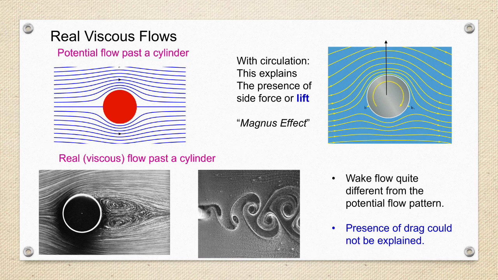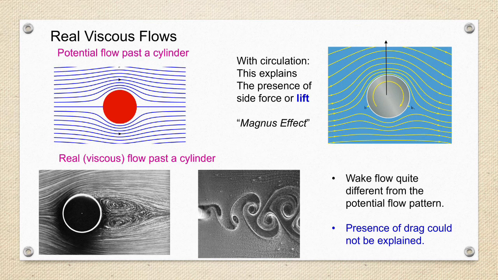Now if you put a spin on this, or introduce circulation, or introduce a vortex right at the center, then it produces a spin. And that distorts the streamlines. And now you have a side force acting on it. And in fact, this is called the Magnus effect.